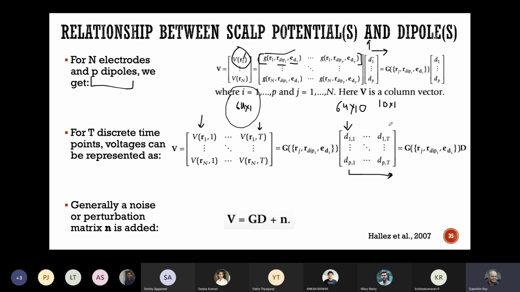And that's just going to be the product of this matrix with this vector here. Okay. So this matrix is the key. And this matrix is called the gain field matrix. Gain field matrix, or gain matrix, or field matrix.